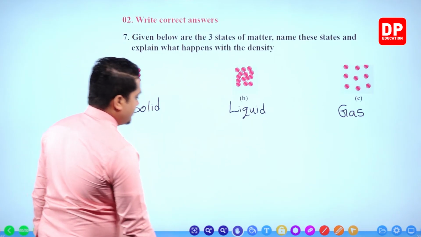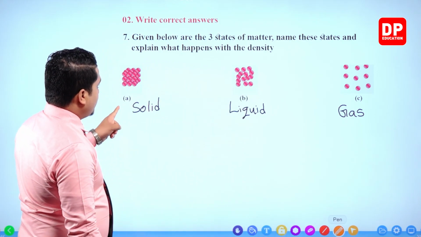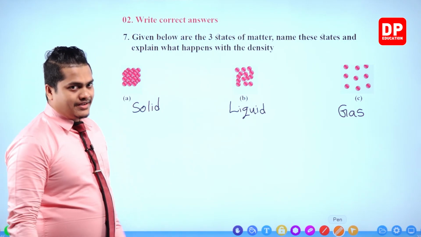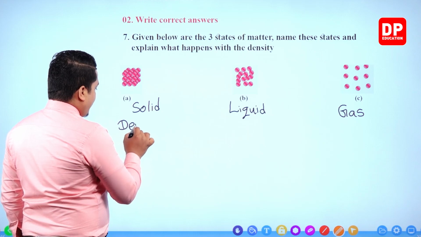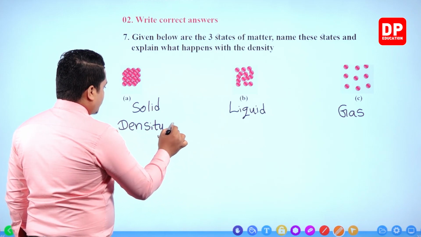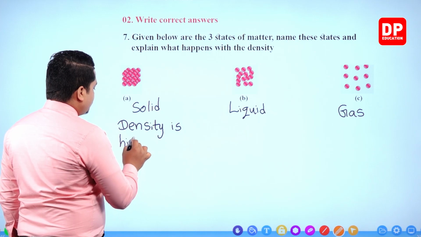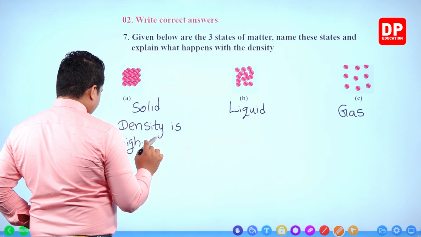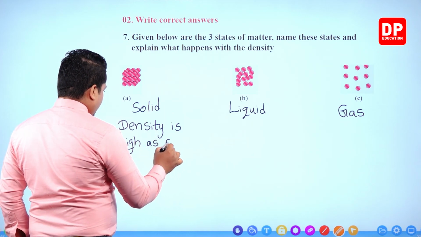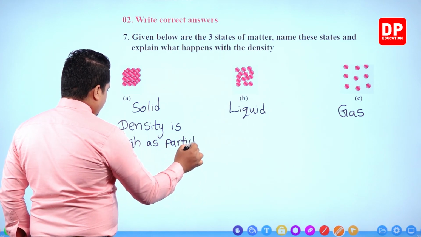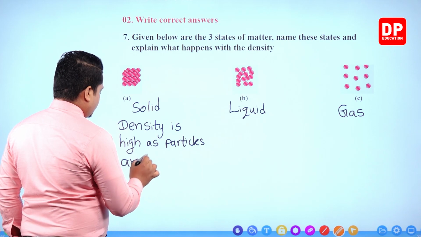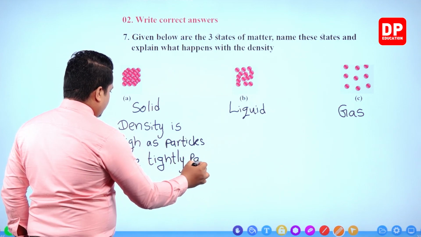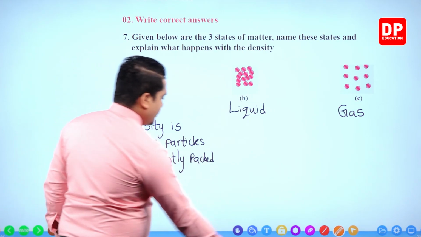Now let's explain the density. So here the density is very high because particles are tightly packed. Then the next one.